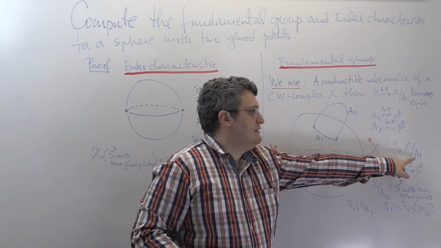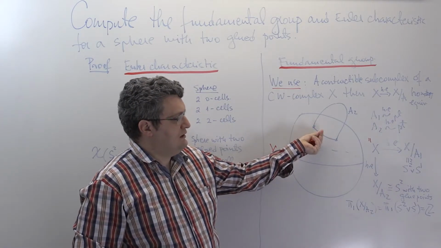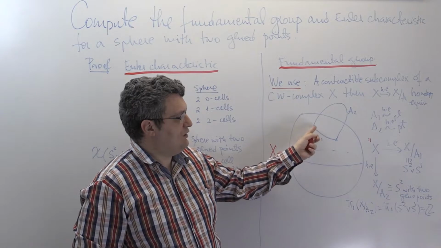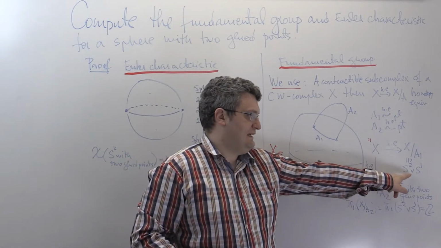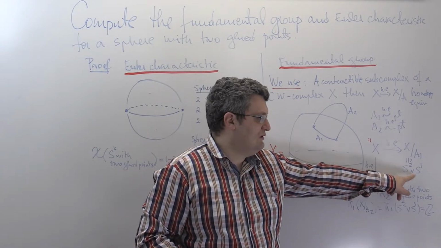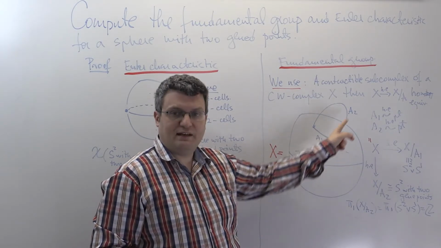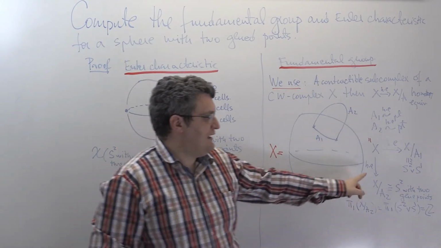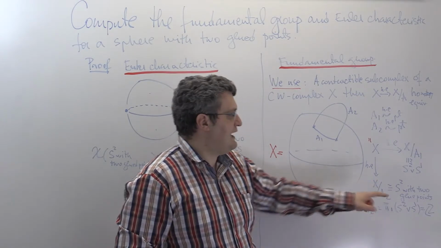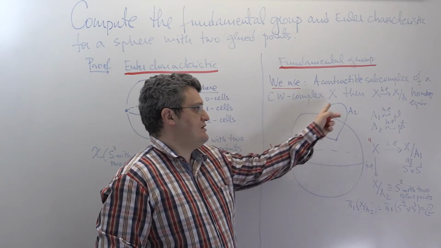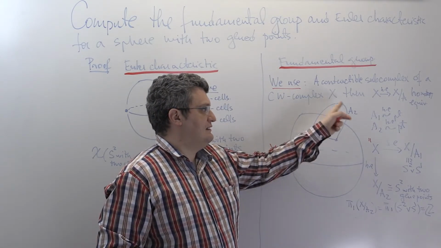So when you quotient by A1, it means that you actually glue all these points along this line. So what you will obtain in the end is a sphere S2 wedge S1, which will be this circle outside of the sphere S2.